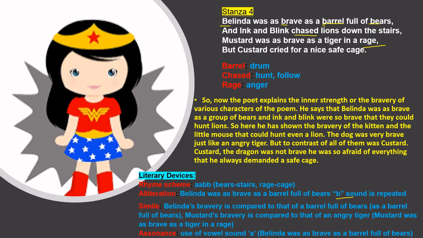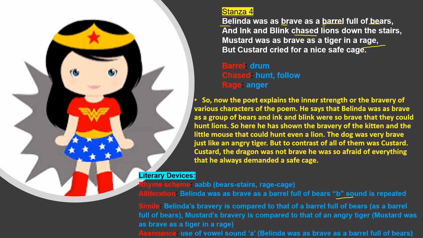So here it is the repetition of A sound. In Belinda you find A, in was you see A, in as you see A, in brave again A, as again A, then barrel again you have A, bears also you have A. So this A sound is repeated again and again. This is very prominent, and that's why this literary device is known as assonance.